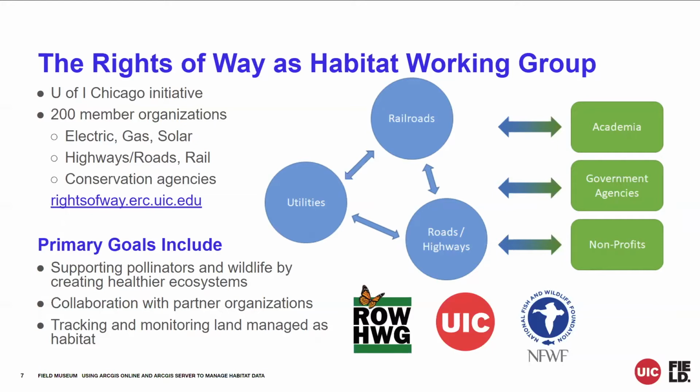However, early on, the working group recognized that there is little aggregated data on the quantity and quality of habitat on energy and transportation lands needed to inform conservation strategies, policy, and outreach.